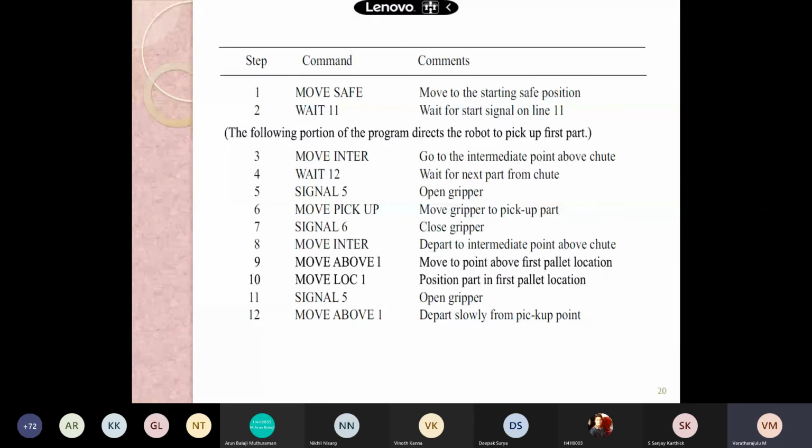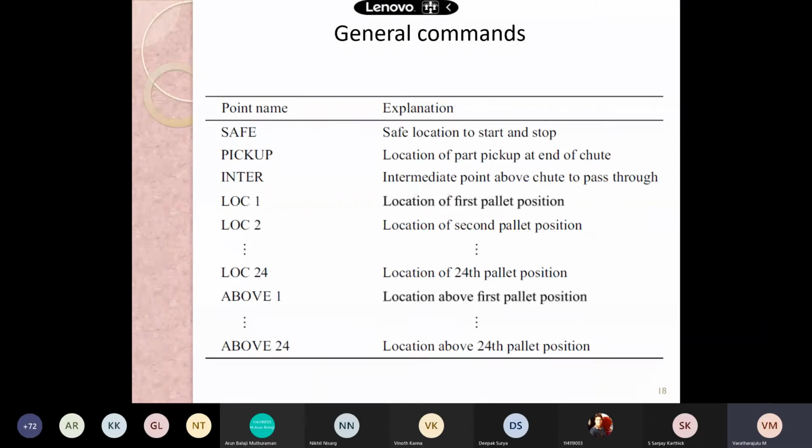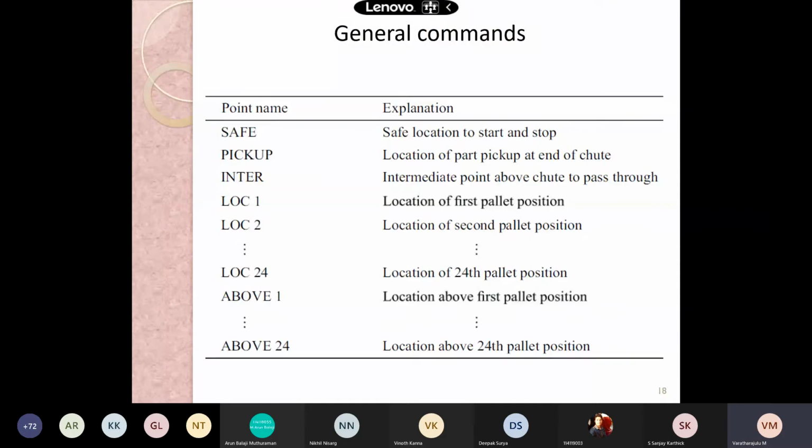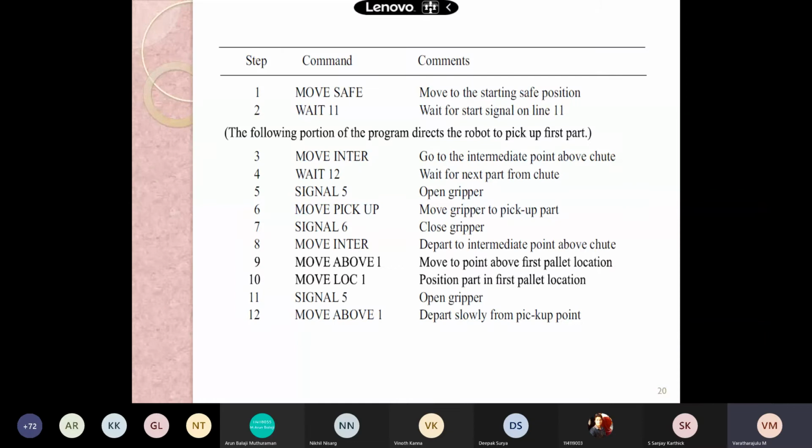Okay. See here, there are some commands we need to remember, and in order to understand these principles, we need to know about the basic commands. Please make a note of these commands. That is wait 1 1, wait for start signals on line 1 1.